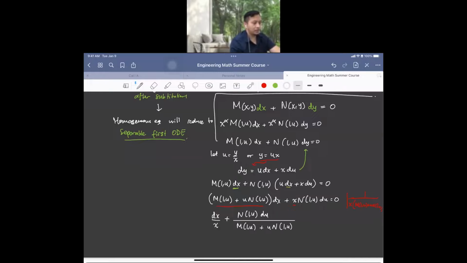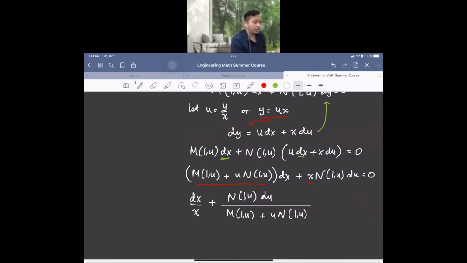It seems complicated, but when you look at this solution, this is a separable one, right? x with x, u with all u. So it's separable.